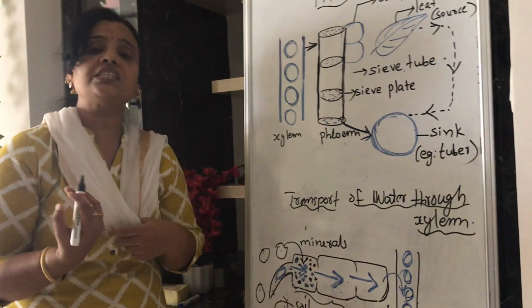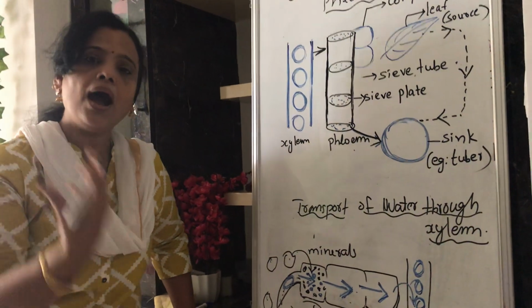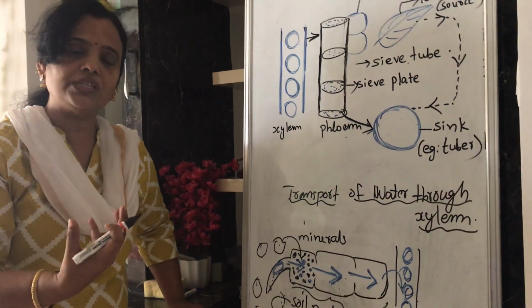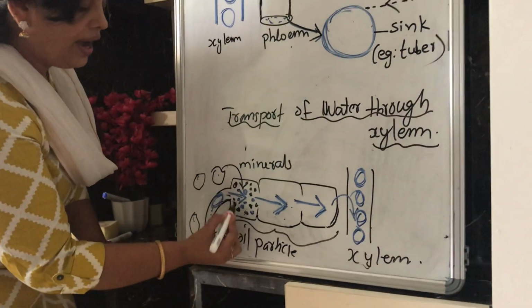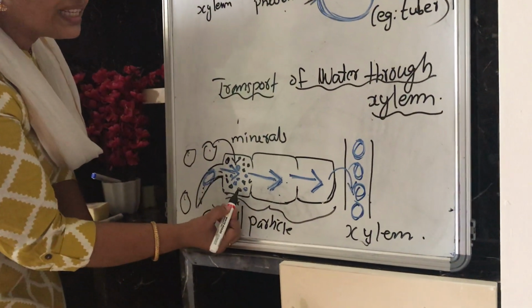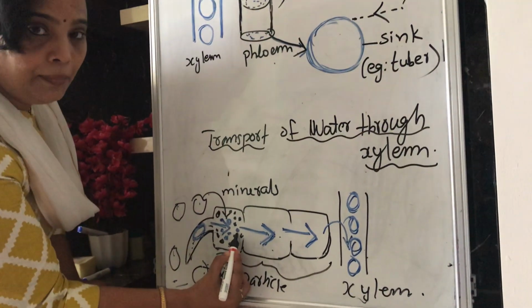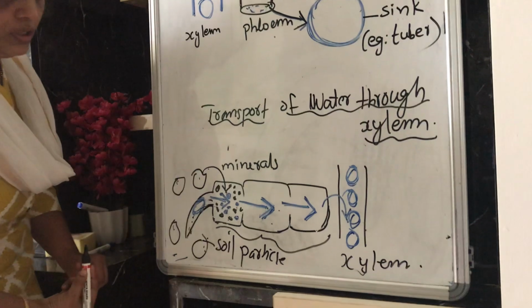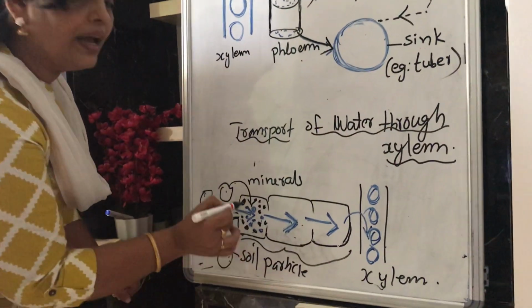And I told you when I was telling about osmosis, the water will always move from high water potential, high water concentration, to low water potential. Now here, why is the water concentration less in the epidermal cells, so that the water can move into the epidermal cells through osmosis? Let us see one of the reasons why the water is less in the epidermal cells of the root.